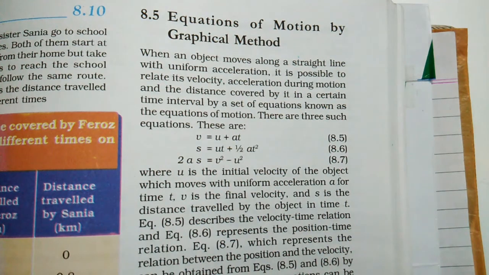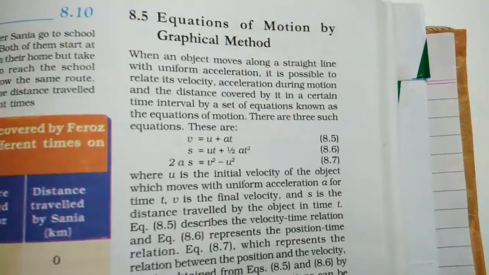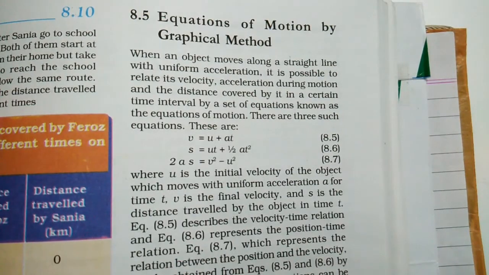An object moves with initial velocity u, and during an interval of time t, it attains its final velocity v, and during this its acceleration is a.